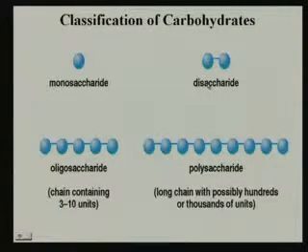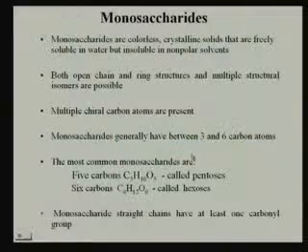The sugar molecules whose chain length varies from 3 to 10 units are called oligosaccharides, and when the number of sugar moieties varies from 100 to 1000 units, we call those types of sugar molecules polysaccharides. That means from a unit, a single sugar molecule, we can get long chain sugar moieties.